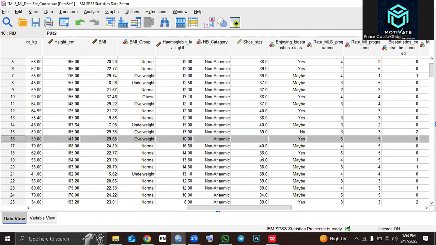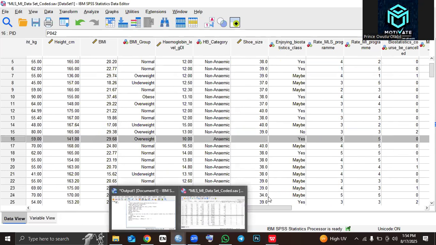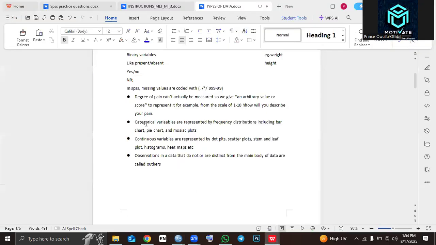So all missing values like these are represented by a full stop. In some applications, it will be represented by an asterisk. In other ones, it will be represented by 99 or minus 99 or 999. So anytime you see a full stop or asterisk or minus 99 or minus 999 or something like that, then you know that you have some missing data in the variables. But SPSS will label it as missing data so that you'll be able to know that it is missing data. Okay.